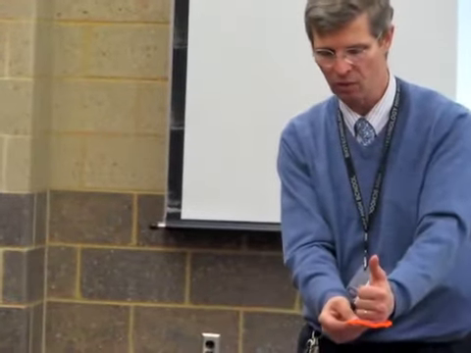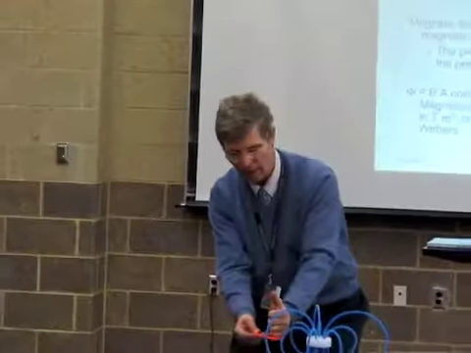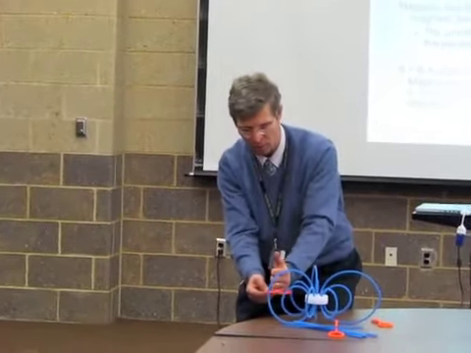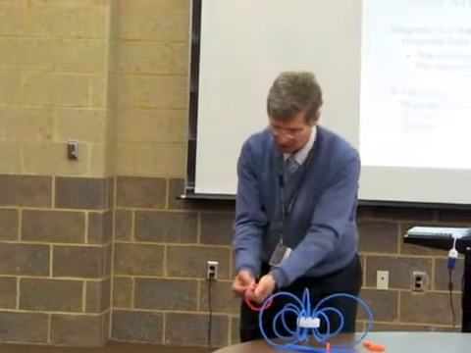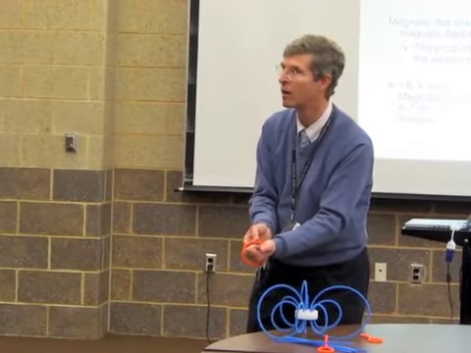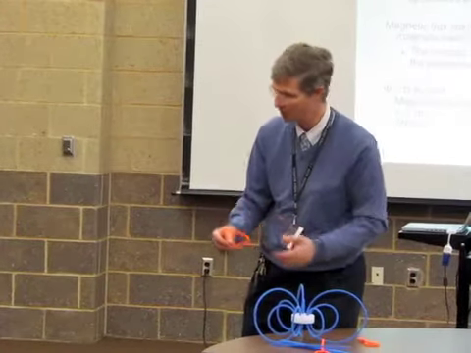If the perpendicular is straight up, the cosine of 0 degrees is 1, but if it's 90 degrees, the cosine of 90 degrees is 0, so there would be no magnetic flux linkage.